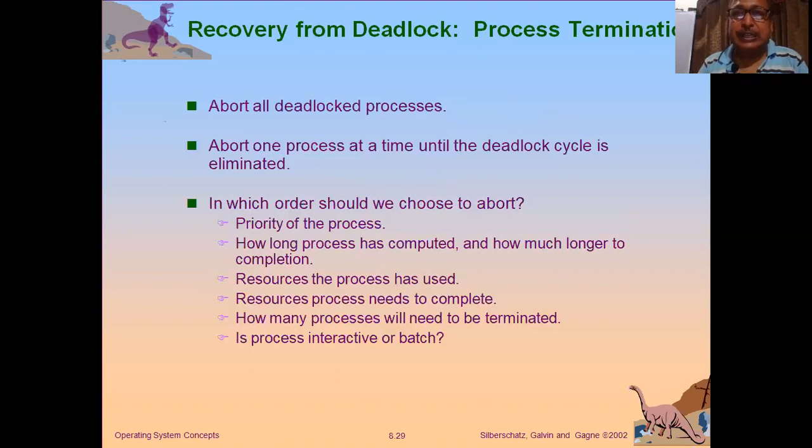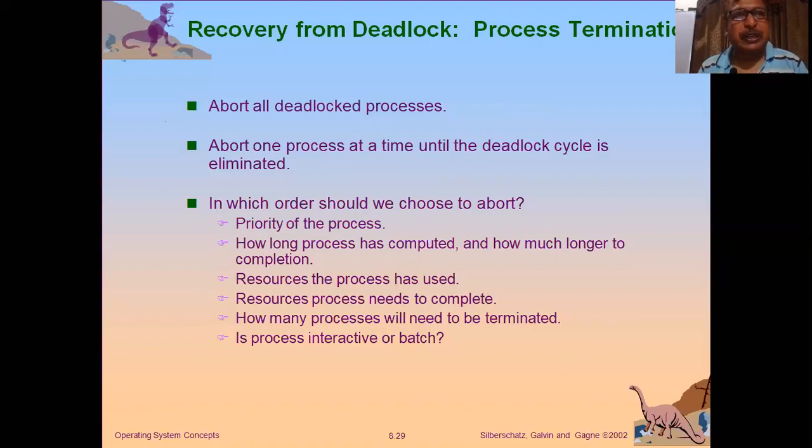Now, once the deadlock has been detected, we have to recover from the deadlock. There are two possibilities. One is process termination and second is resource preemption. Process termination: suppose we have found that there are certain 5-6 processes in deadlock state and we have to remove this deadlock.